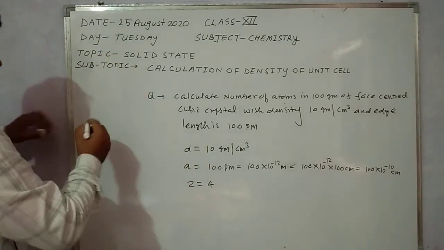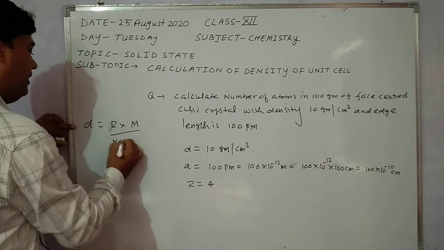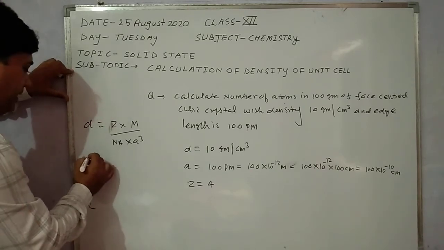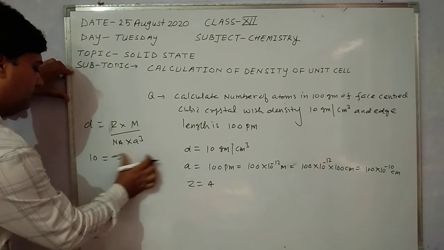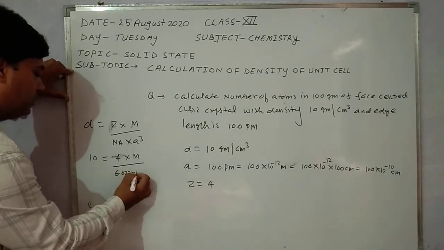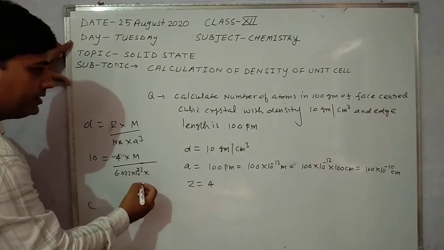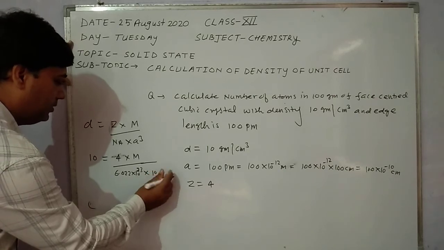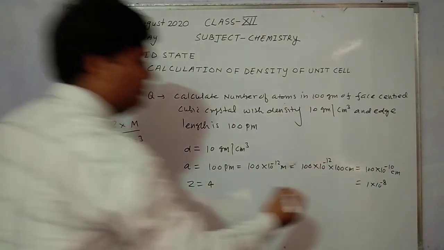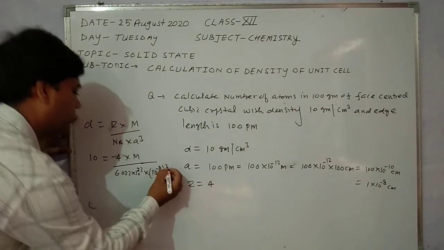Okay, so you are required to write the formula: density is equal to Z into M divided by Na into a cube. So density 10 is equal to Z is 4 into M divided by Na, 6.022 into 10 to the power 23, into a cube, that is 100, we can write 1 into 10 to the power minus 8 centimeter, so 10 to the power minus 8 whole cube.